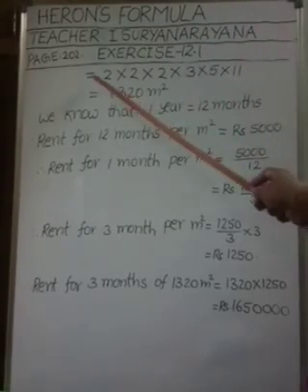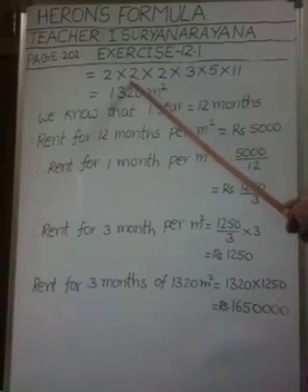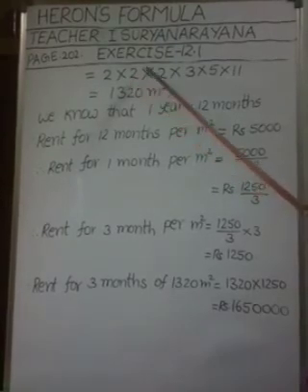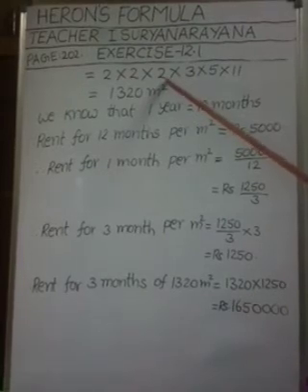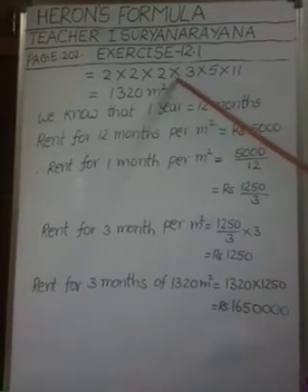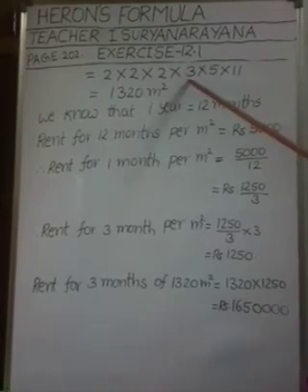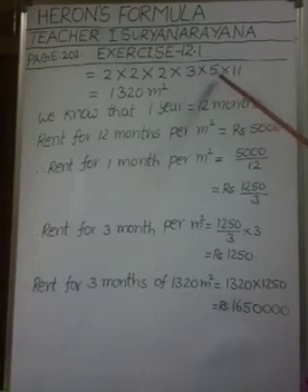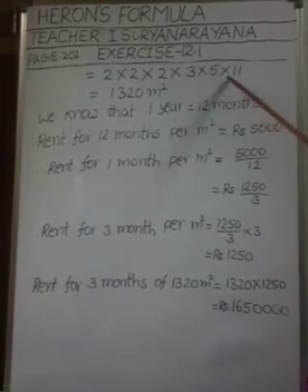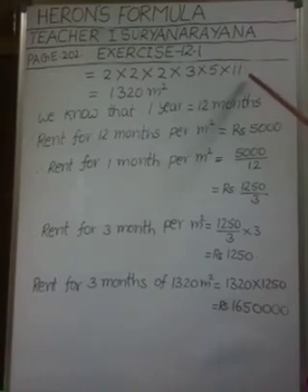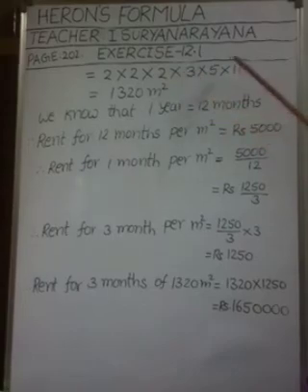So from the first pair we write one 2 into, from the second pair one 2 into, from the third pair one 2 into, from the pair of 3s we wrote only one 3 into, from the pair of 5s one 5 into, from the pair of 11s only one 11. Understood this step, my dear children?